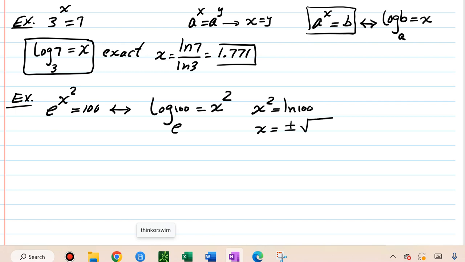Anytime I use the square root principle, I have a plus or minus in front of the radical. So in this case, there are two possible solutions. Again, the square root of ln of 100 would be exact, but we can also approximate it using a calculator. I did, and I got plus or minus 2.146. So those are the two solutions that we have.